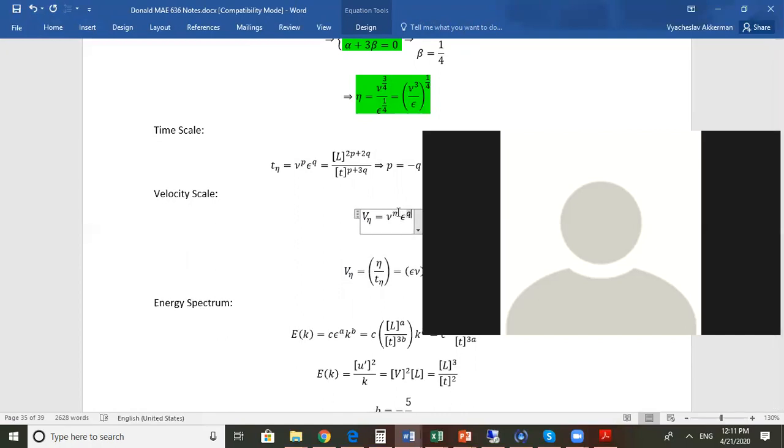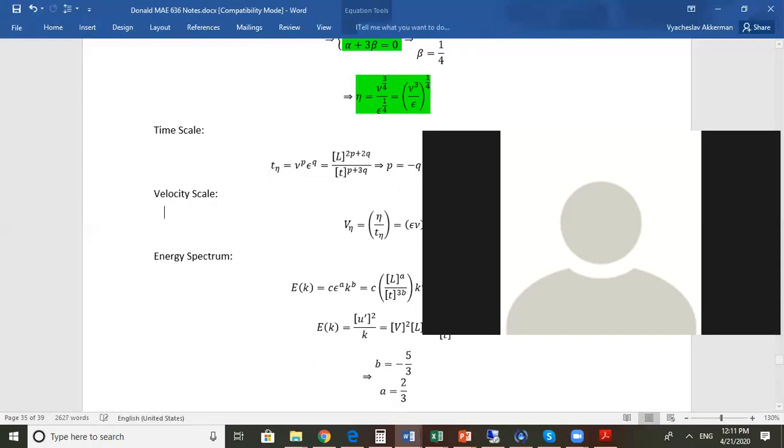Again, you can find these coefficients m and n in the same manner, substituting L to the power m and epsilon to the power n, and so on.